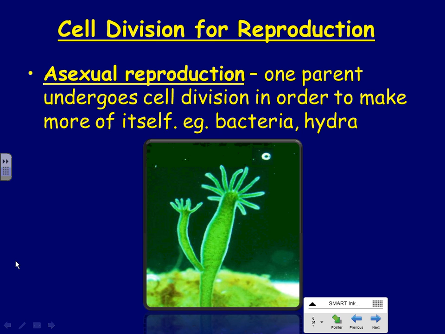One parent undergoes cell division in order to make more of itself, makes an exact replica of itself. So when a bacteria divides, it makes two little bacteria cells that are identical to the one cell that existed before. You could say that there was a parent cell, but in the end it divides and becomes two cells.